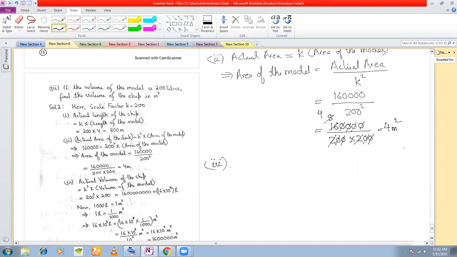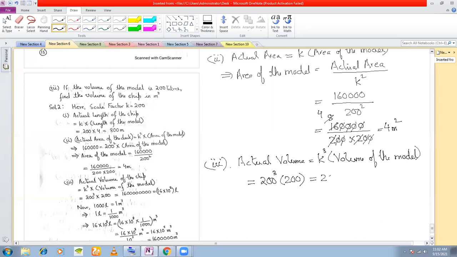Third question. If the volume of the model is 200 liters, find the volume of the ship. So actual volume is equal to K cube times volume of the model, which is equal to 200 cube into volume of the model, given to be 200 liters.